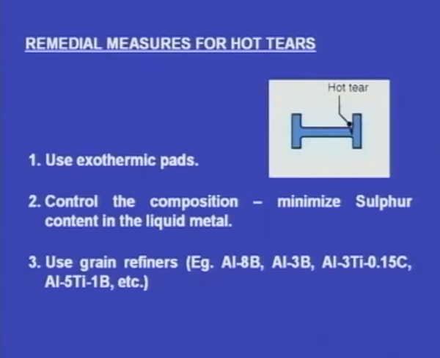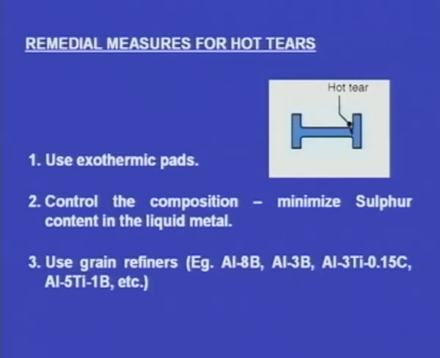Next one, use grain refiners. For example, aluminum 8 boron, aluminum 3 boron, aluminum 3 titanium and 0.15 carbon, aluminum 5 titanium and 1 boron. So these are the different grain refiners.